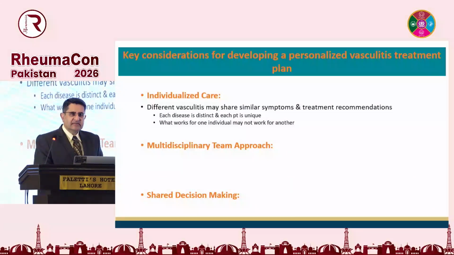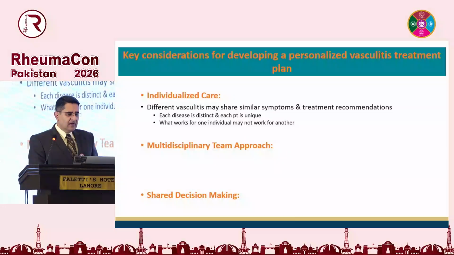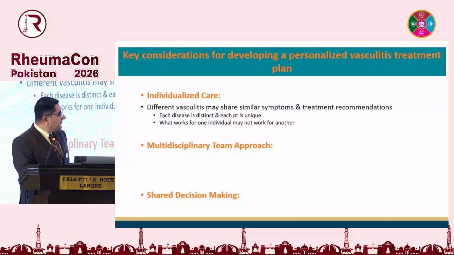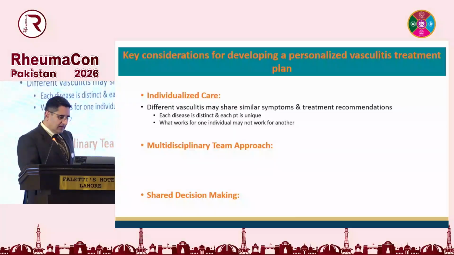What are the key considerations in developing personalized vasculitis treatment? Number one, different vasculitides may share similar symptoms and treatment recommendations, but each disease is distinct and each patient is distinct, and one treatment may not work in a certain patient even if it worked in the previous person.